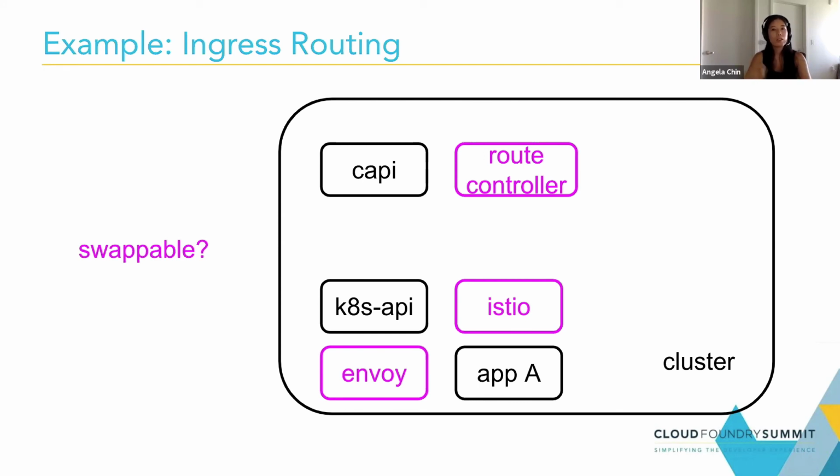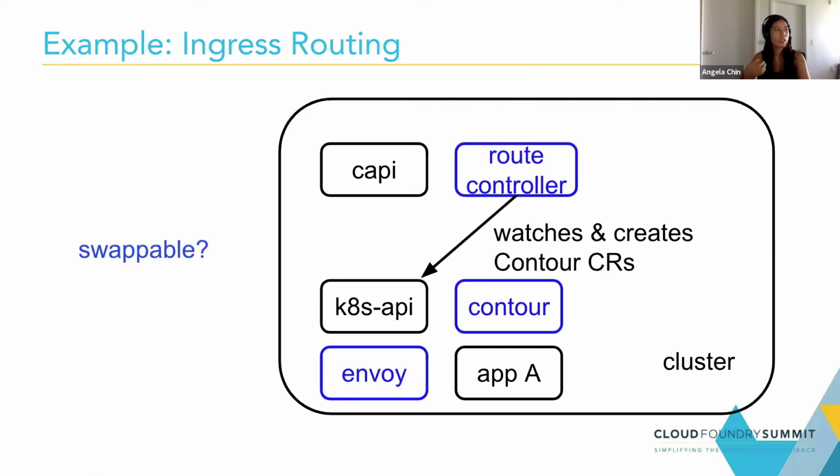And instead, you simply have to program a new controller that will create custom resources for some other ingress project. So one such option would be in the future swapping out these three components to instead be using Contour. And this updated route controller that's being swapped out will be watching for route CRs and instead creating Contour config instead of Istio configuration.